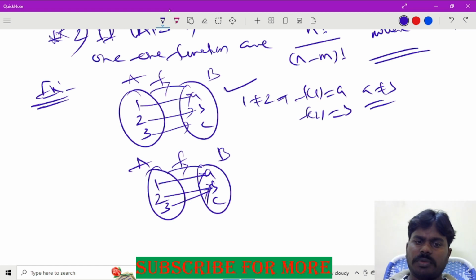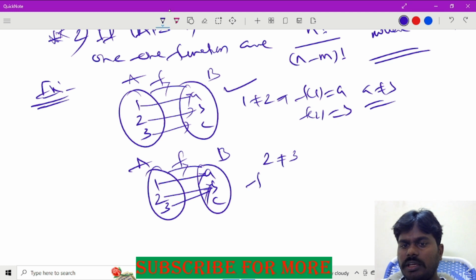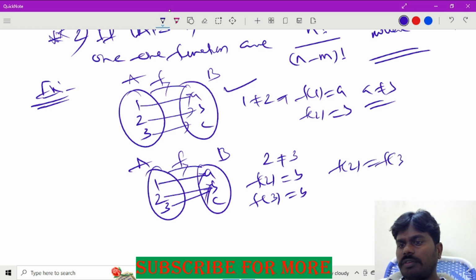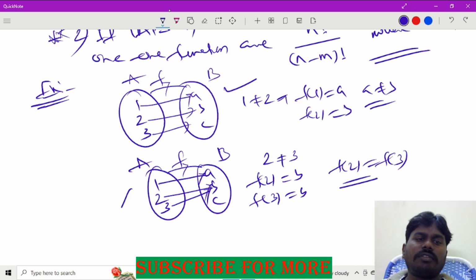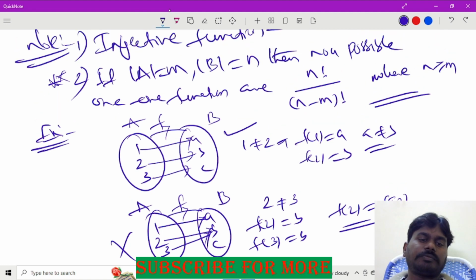This is a function because every element of A has only one image in the set B, but this function f is not one-one, because 2 is not equal to 3, but f of 2 is b and f of 3 is also b. So f of 2 is equal to f of 3. Different elements must have different images, then only the function becomes one-one. So this is not an example of a one-one function.